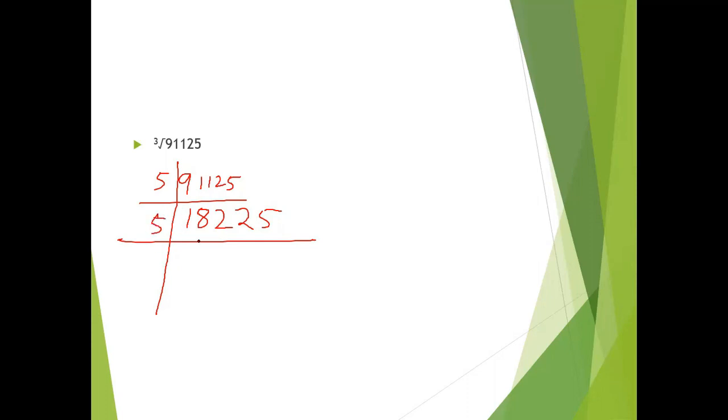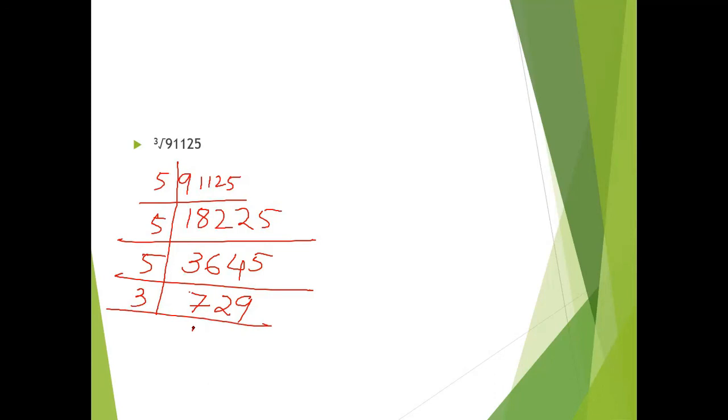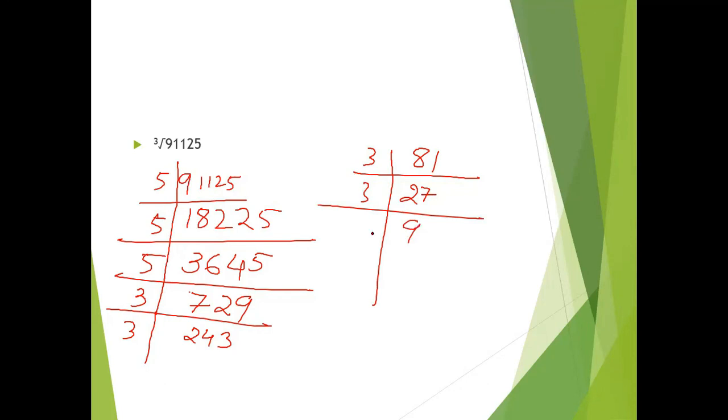Now again dividing it by 5, 3645. Again by 5, 729. Again by 3, 243. Again 3, we will get 81. Again 3, 27. Again 3, 9. Again 3, 3. Again 3, 1.